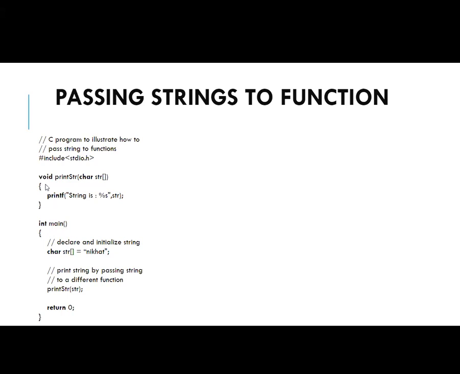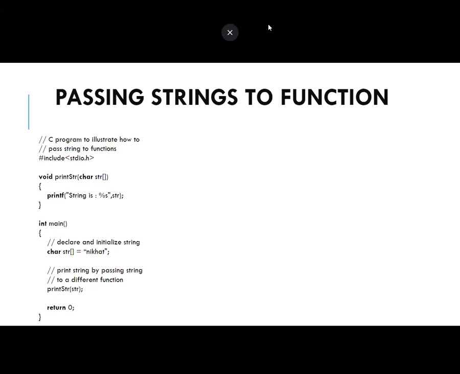Now can you see that I have taken two functions here. One is the main and one is the print string function. I have created one array in the main function and I have called this print string function. So this is just a function call.